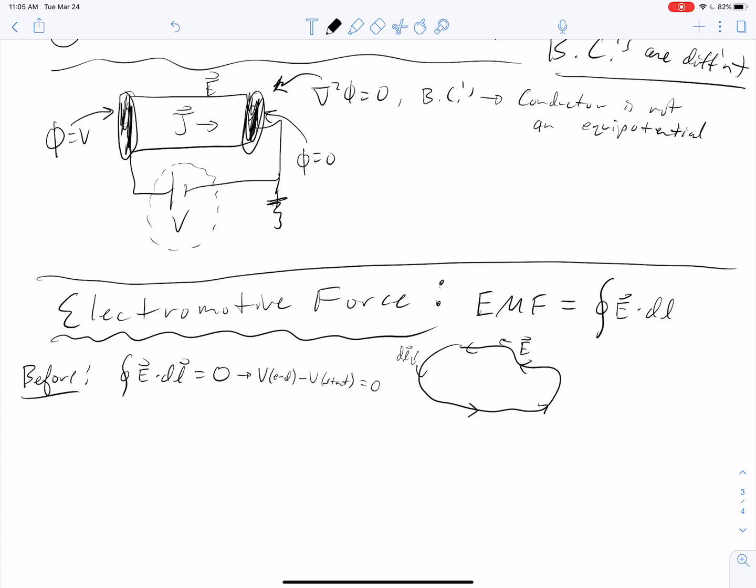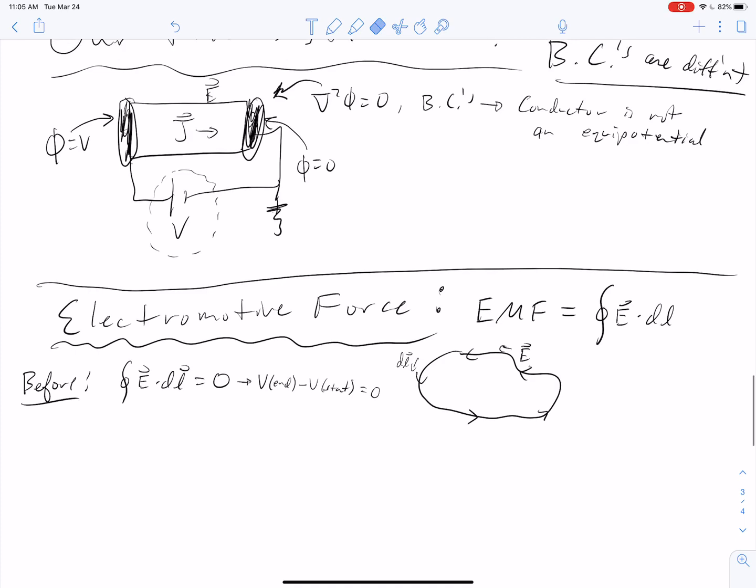We derived that before, and this led to the relationship that del cross E is 0, because this is another way of saying that the electric field is conservative. E is a conservative field.